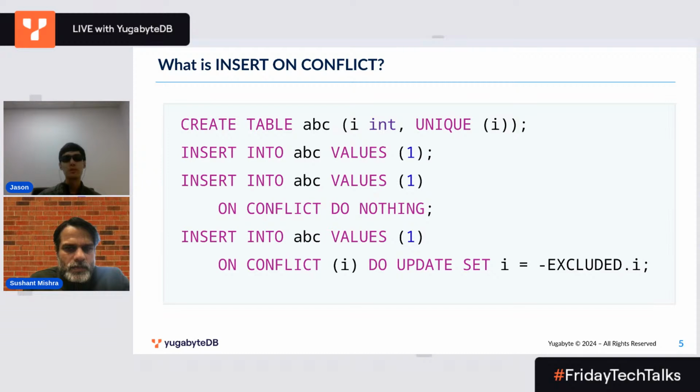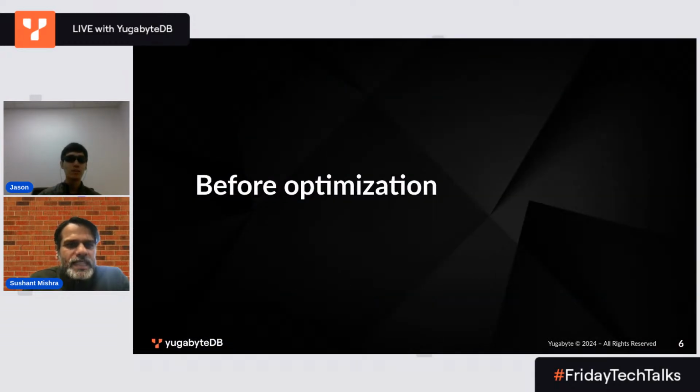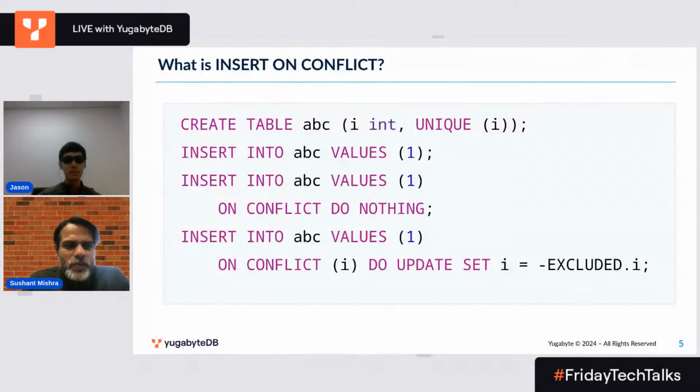This also works with unique indexes, like secondary unique indexes, not just the primary key indexes. Jason, a quick question. Yes. What does the excluded mean in this particular scenario? It represents that we're referencing the existing row that we were going to conflict with.